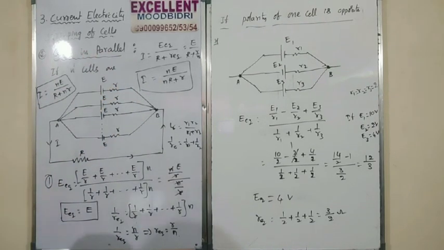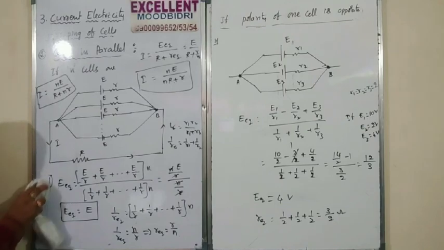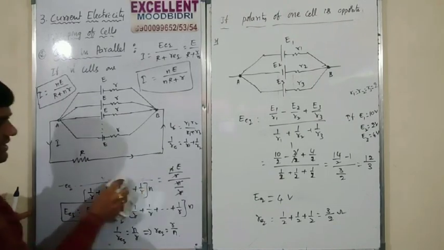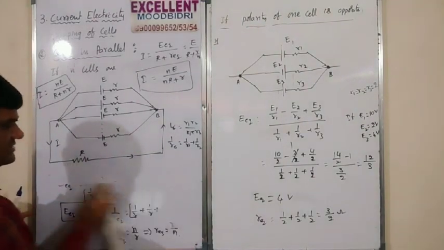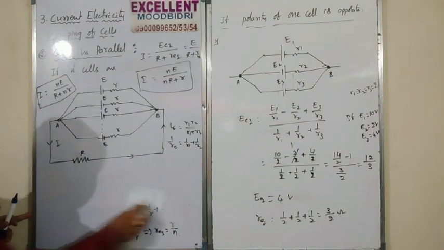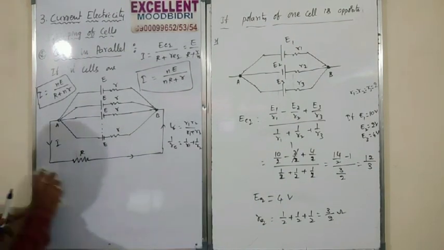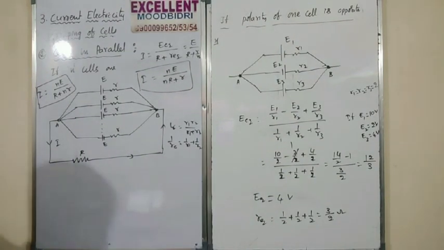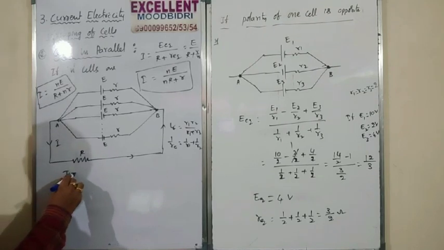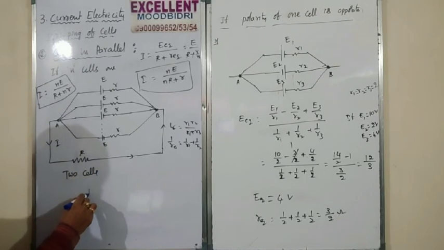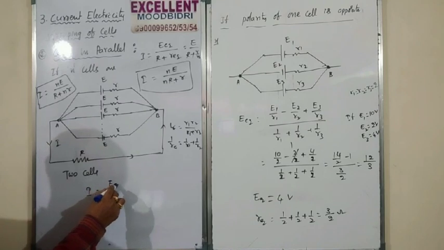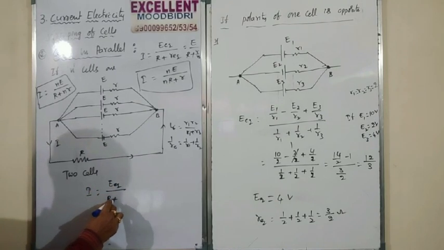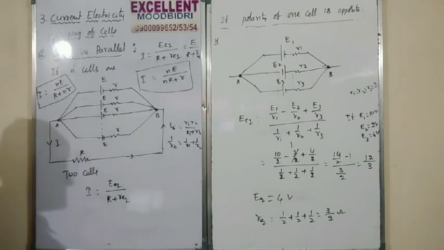Still, sir, we are having two cells only. In that case, what is the current? We are having how many cells? Two cells only. Therefore, I is equal to E equivalent by R plus R equivalent. Correct?